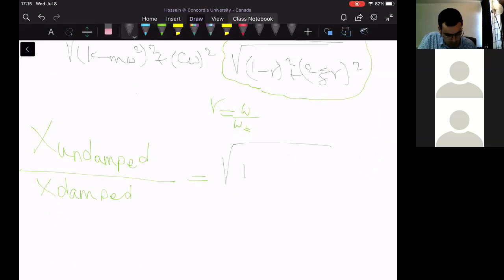X undamped over X damped equals the square root of (1 minus R squared) squared plus (2 zeta R) squared, divided by 1 minus R squared.